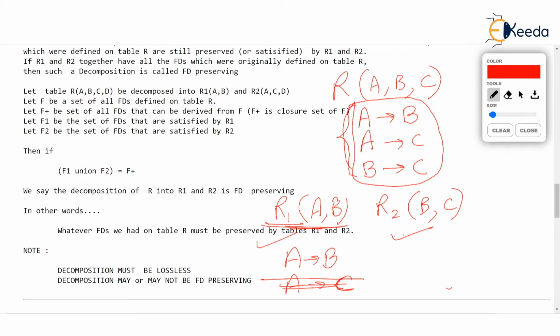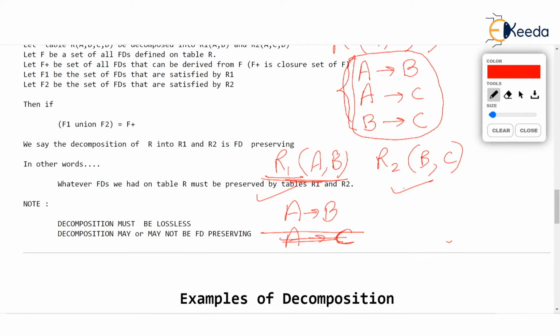And the third dependency is B determines C from the original table. But even B determines C cannot be written under R1. Why? Because C is missing in the R1 table. So R1 is agreeing on the functional dependency A determines B from the original dependency set. Let us call this dependency set F1.